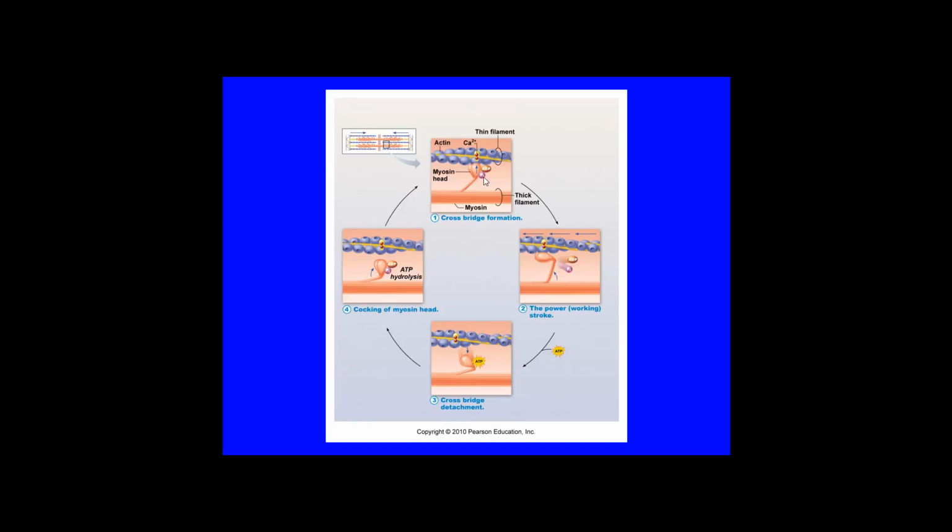And so the flexing head will flip, and as it flips configuration, ratchets forward, it will pop out ADP, adenosine diphosphate, and the Pi. The only way to detach the head from the actin filament is the placement of another ATP molecule. And so that's where you have the cross-bridge detachment.